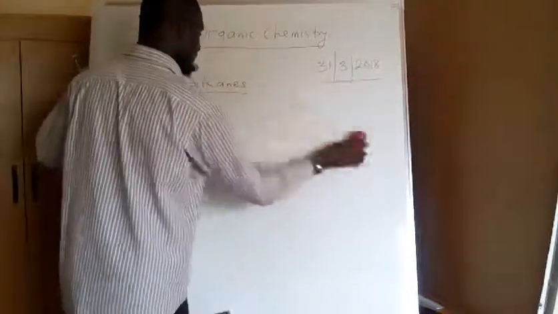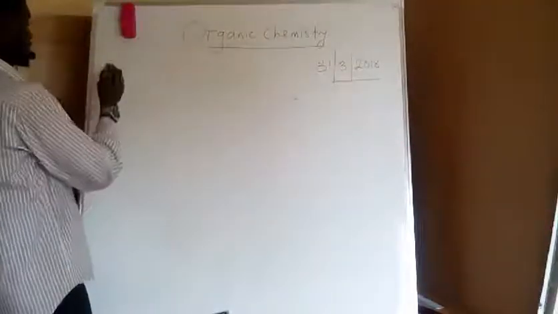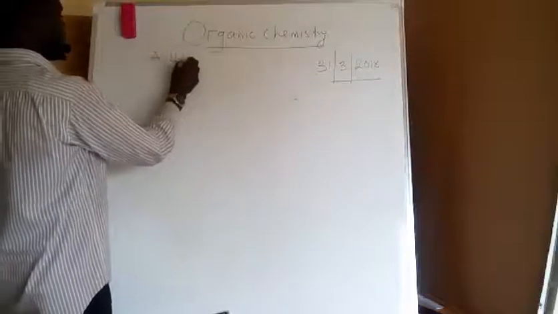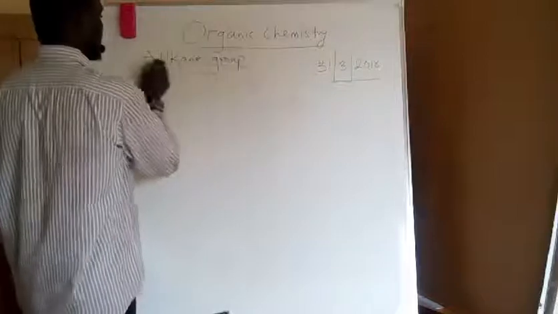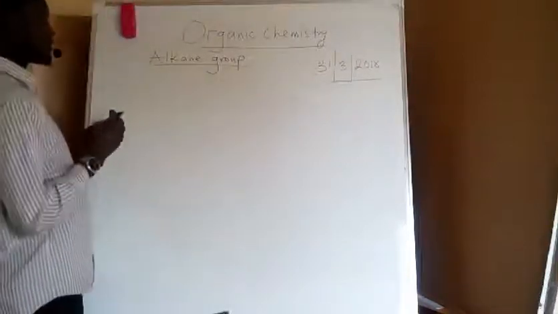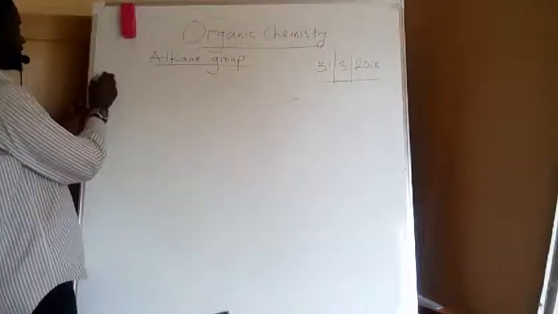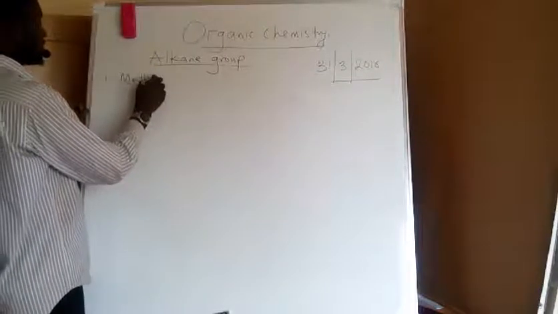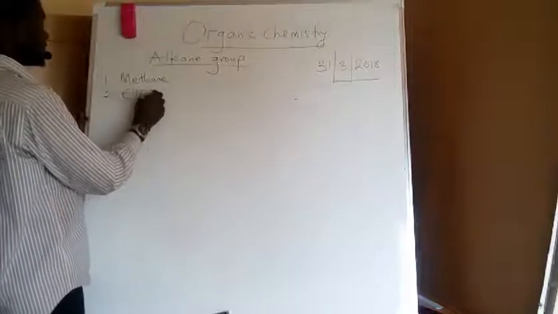Let's look at them. Now the alkane family or alkane group, we have plenty of compounds that form the alkane group, but we are going to restrict our explanations to the first 10 members. The first one is called methane. The second one is called ethane.